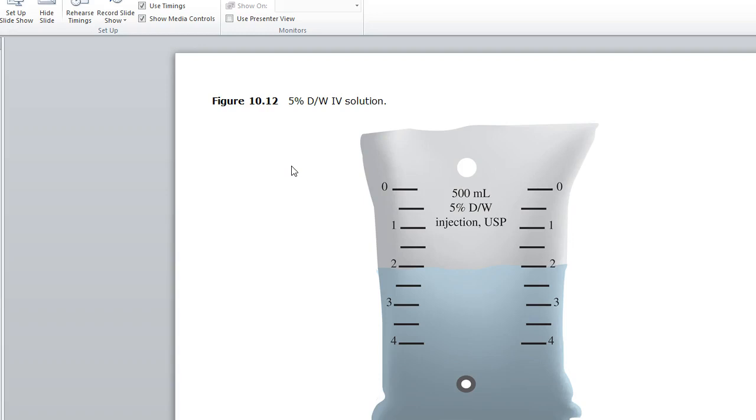Your hypertonics are a greater concentration of solutes on the outside of the cell, and your hypertonic cells have an excessive amount of solutes extracellularly, and water is out of the cells, so you want those cells to shrink.